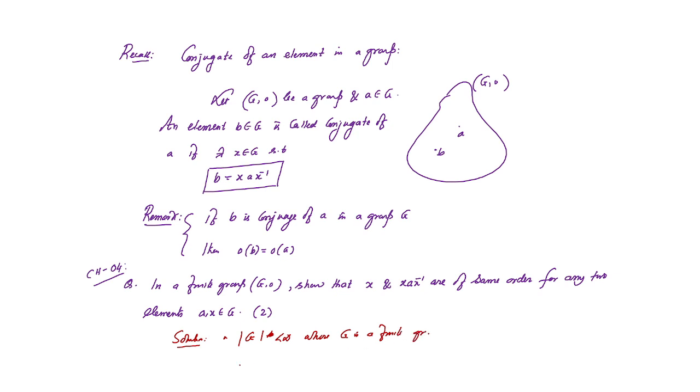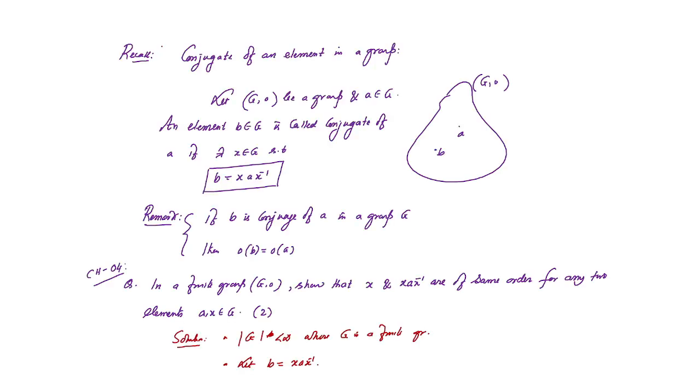Let B equal X A X inverse. What do we have to show? We have to show that the elements A and B are of the same order, so order of A equals order of B.